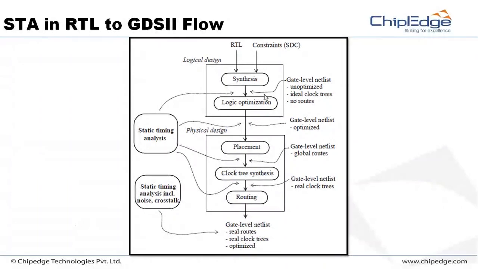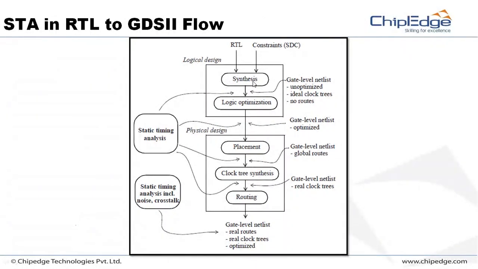Ideal clock means a proper clock. So at 0 it's the rising edge, at 5 it's the falling edge, exactly like that. So you might have seen what we mean by ideal, right? So we will assume it as an ideal clock tree. And also there is no routing. No routing happened between the signal nets. With that understanding, I'll do timing analysis and see whether my design will reach the said frequency or not.